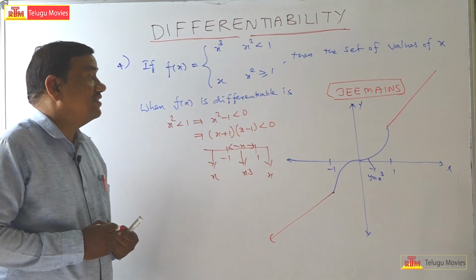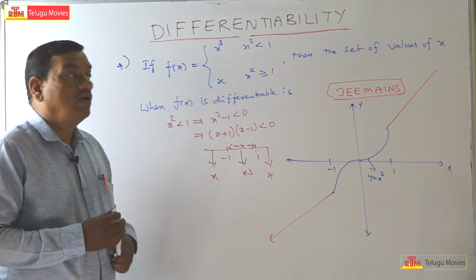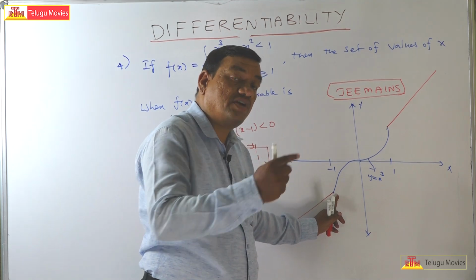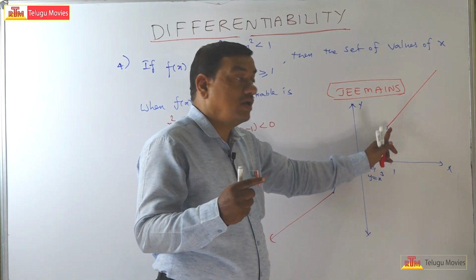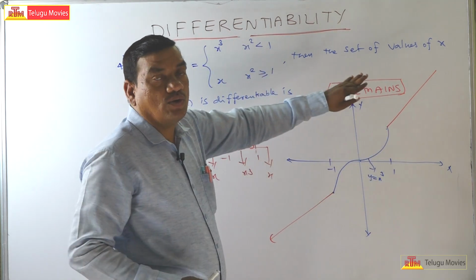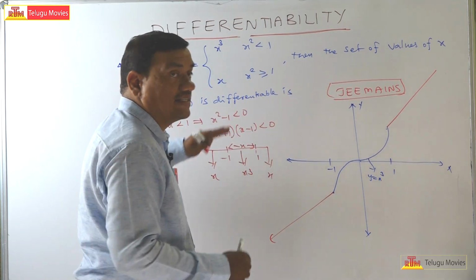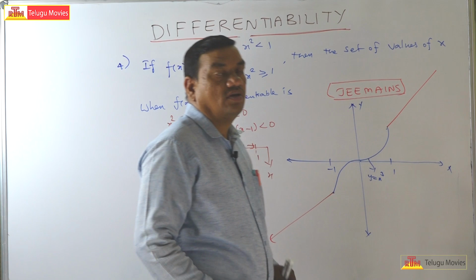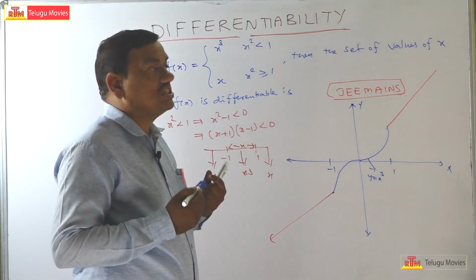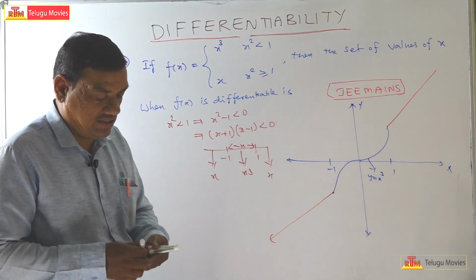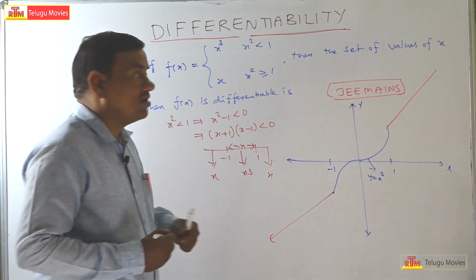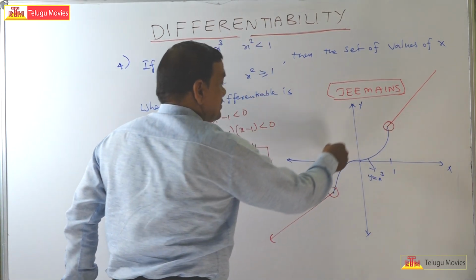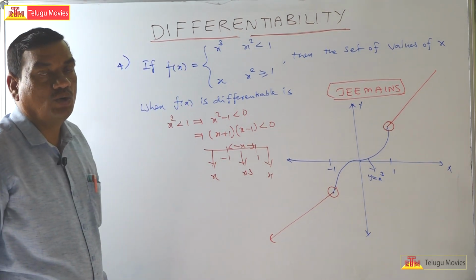The function is defined like this. From minus 1 to 1, the function is y is equal to x cube. For x greater than or equal to 1 and x less than or equal to minus 1, these are the graphs. Just by observation you can say that this is not differentiable at x is equal to 1 and x is equal to minus 1.